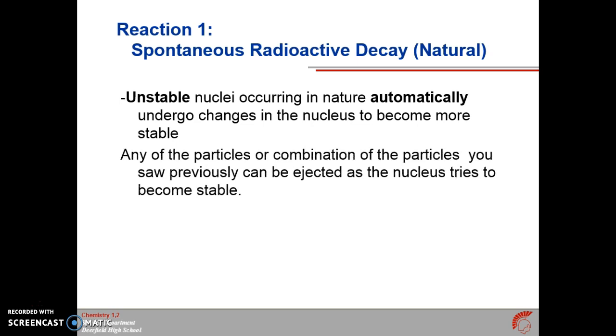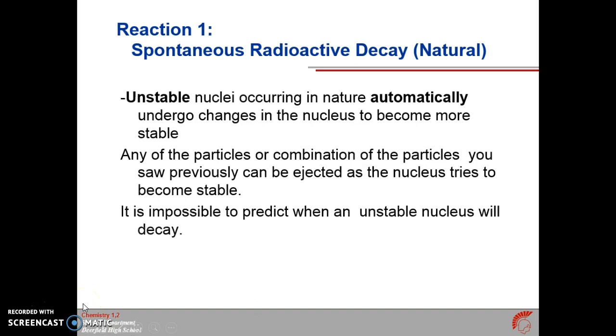It can eject one particle, it can eject a combination of particles, but whatever happens, the idea is these particles get kicked out in order to try and make the atom more stable. It is impossible to predict when an unstable nuclei is going to decay, and that's where the idea of half-life comes in.